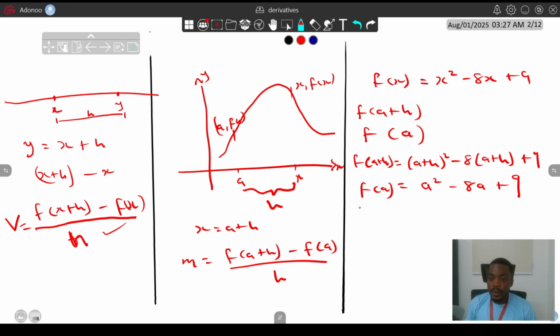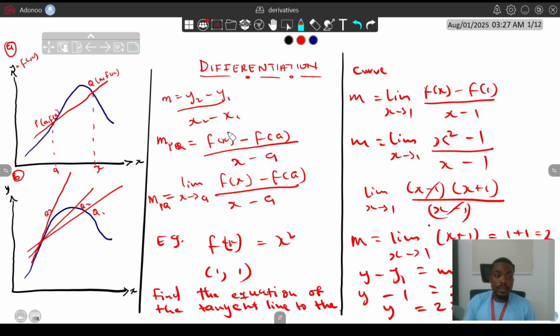So we can put them together and say m equals limit as h approaches 0. I'll explain why I write h approaches 0. You see that as we send q closer to p, the distance right here, which is h, begins to close up.